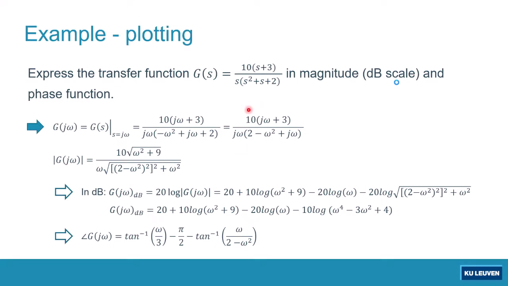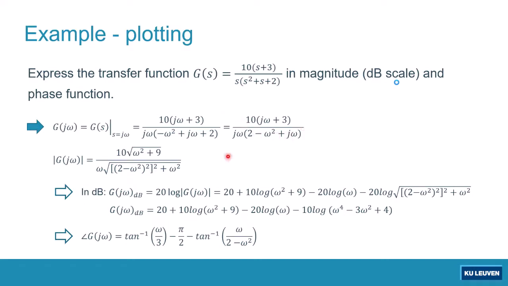And then, moving forward, in order to plot the magnitude of the Bode diagram, I have to find the magnitude, the absolute value, of this G(j omega). That is what we want to find for the magnitude plot in our first step.